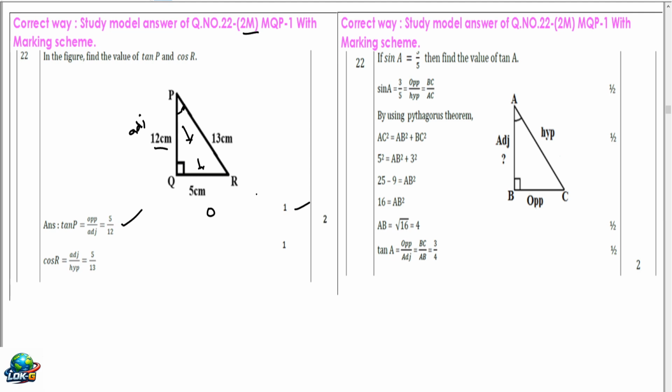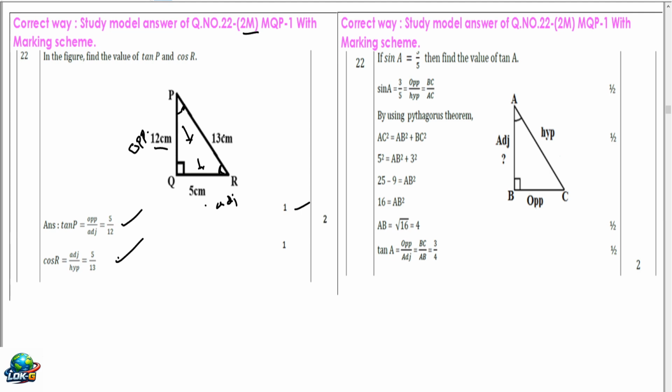And many of you make a mistake here. When you are asked to get cos R, observe here. When you take angle R, this will become opposite, and this will become adjacent. Then cos R is adjacent upon hypotenuse, 5 upon 13.